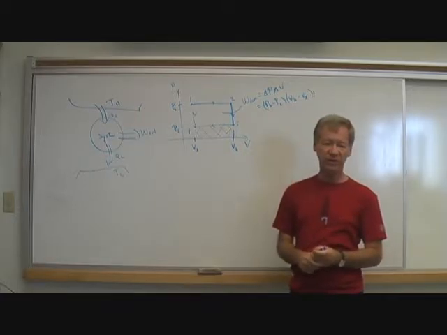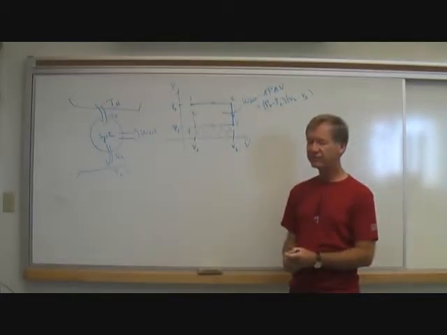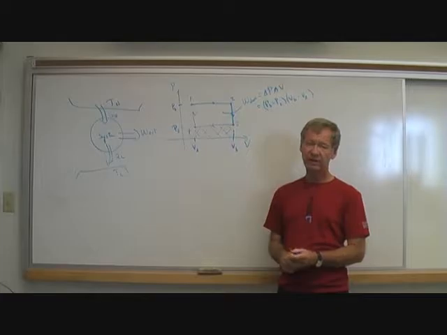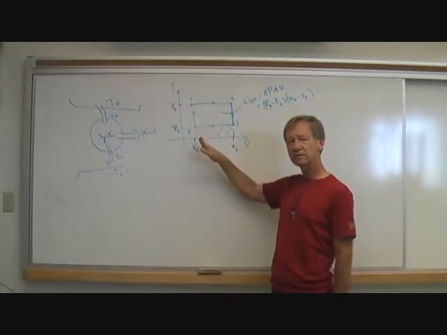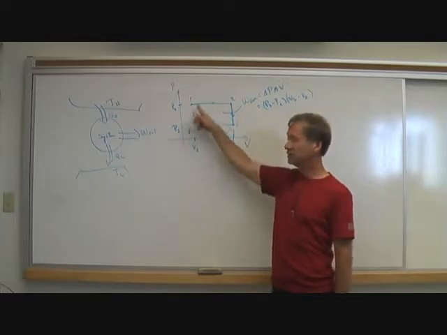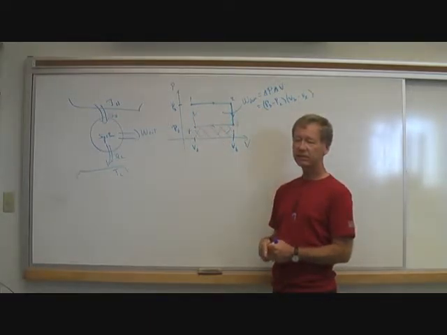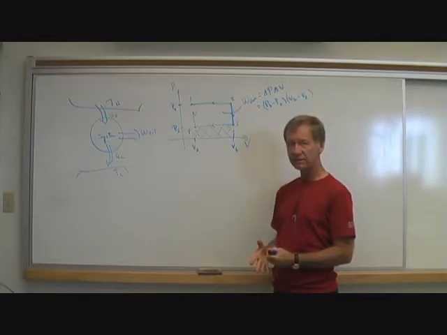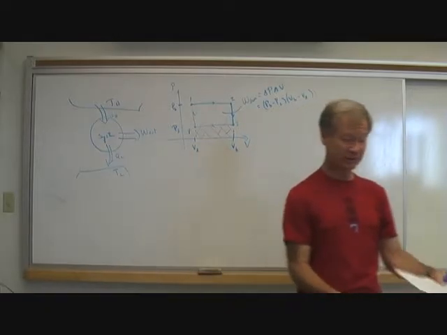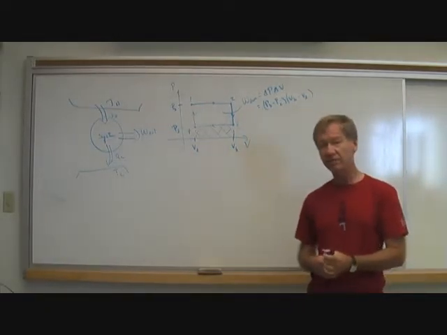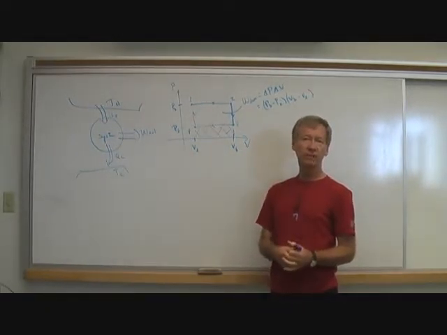Now, if I want the efficiency, then I have to calculate what the heat flow is for each of these processes. Can we do that? Sure we can. Let me pull my papers over here so I can glance at them to make sure I do the job right.